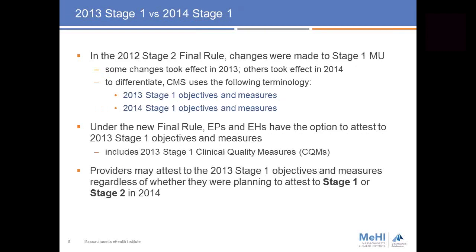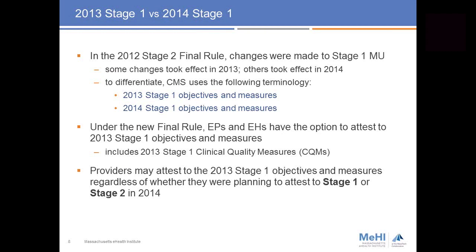Okay, in 2012, again, that's where the Stage 2 final rule took place. This is something to pay attention to in terms of terminology. The rules for Stage 1 that were in effect in 2013 are called the 2013 Stage 1 Objectives and Measures.